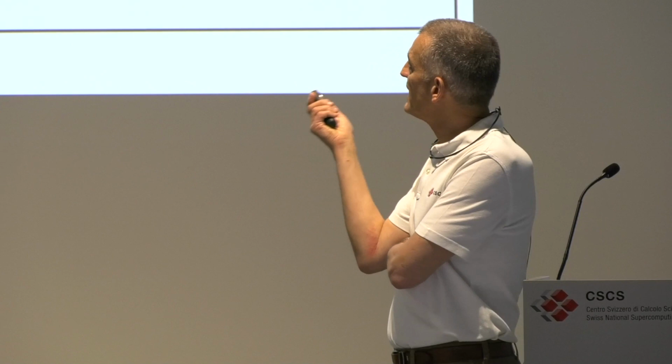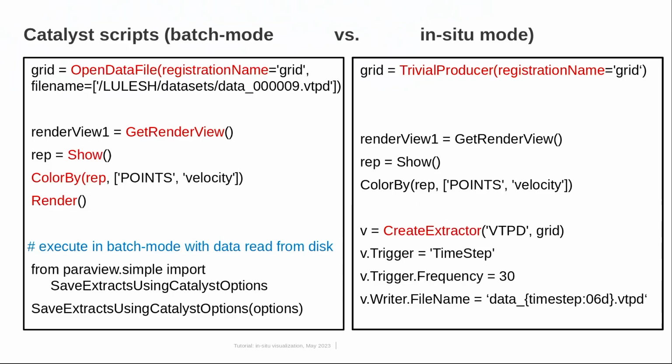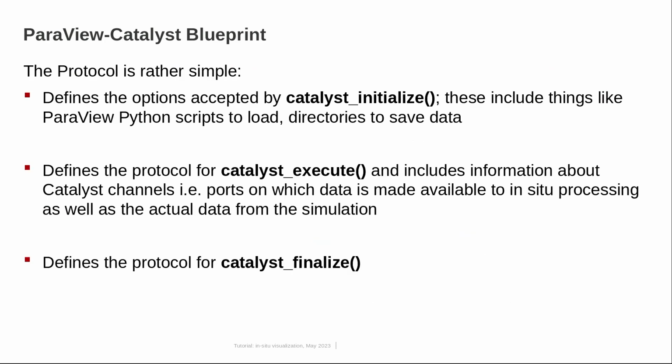When you change to go to in-situ, you change this by a trivial producer. This is a special macro that knows what to do. And then you add your extractor. The protocol, we've seen that already briefly. There is an initialize, execute, and finalize command that need to be available.